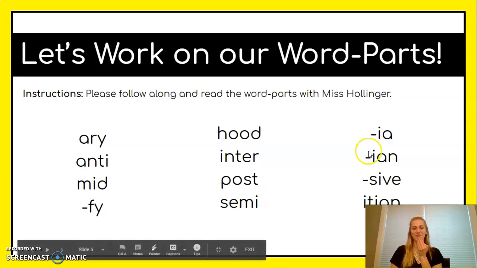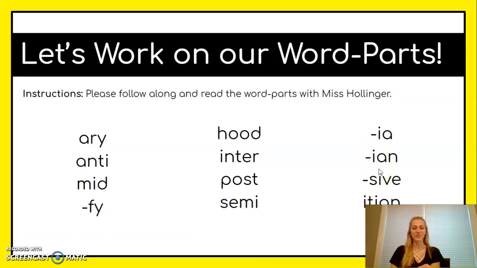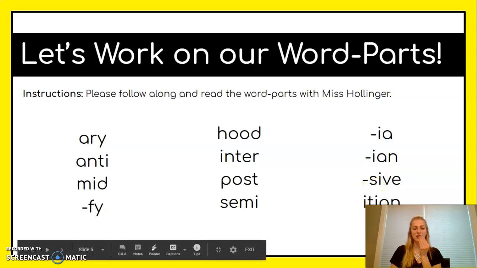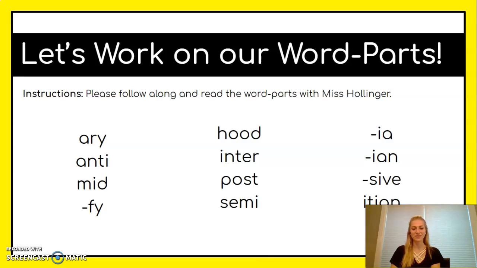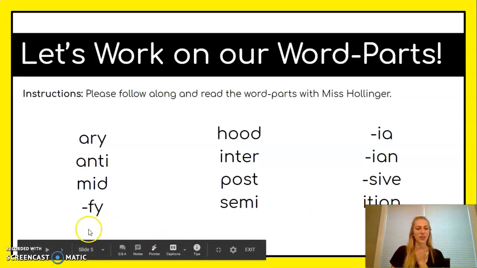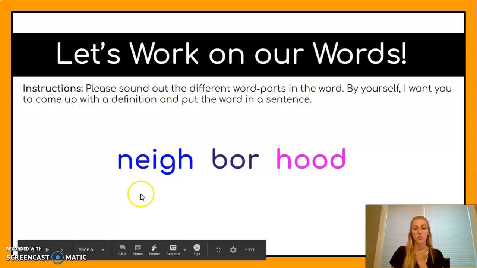Semi. Ia. En. Sieve. Shun. Good work. Let's work on our words.